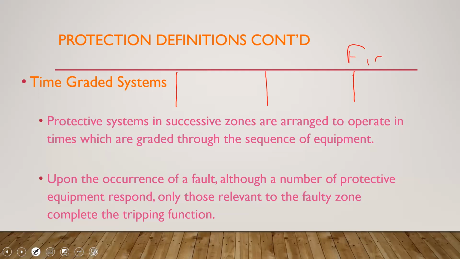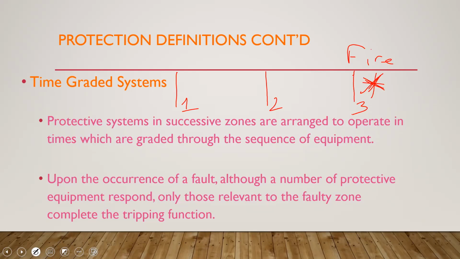Let's say a fire has broken out here. This is point 1, this is point 2, this is point 3. So the fire has broken out at point 3. The fire station that is responsible for putting out fires at point 3 is located at point 2.